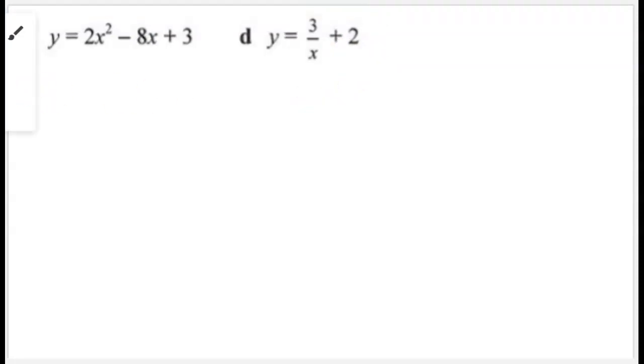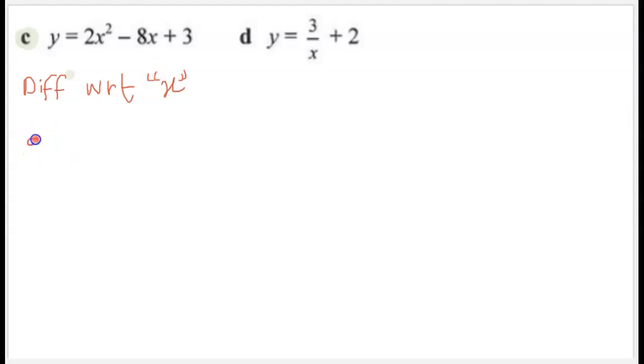To do this, the first thing we need to do is, it's asking you to find the gradient. Now, gradient is dy over dx. So I'm doing this one, the C. What I need to do is differentiate with respect to x on both sides.